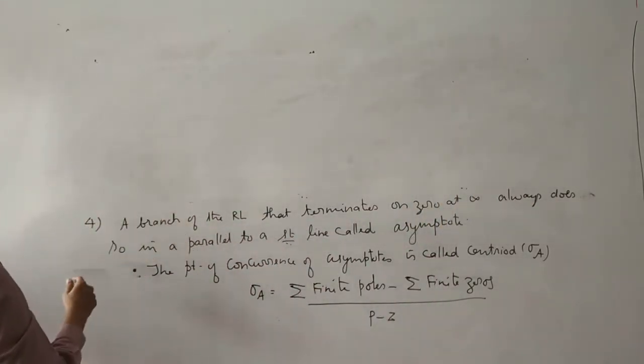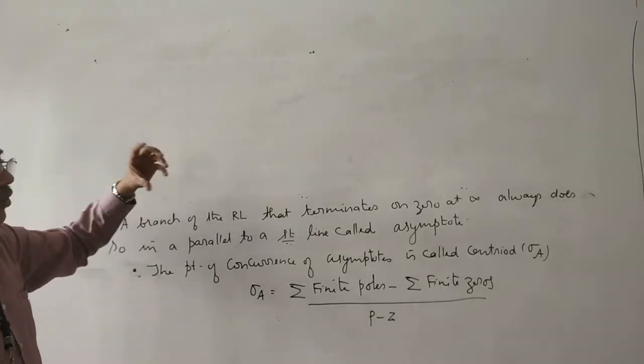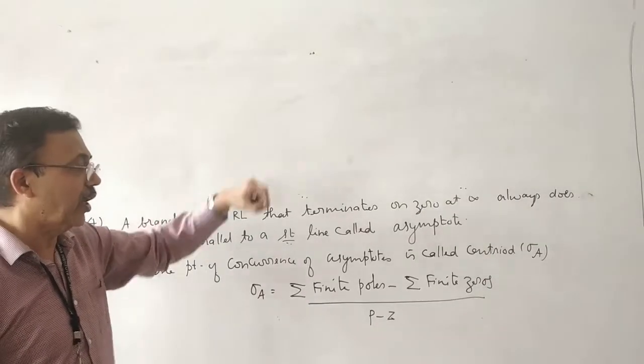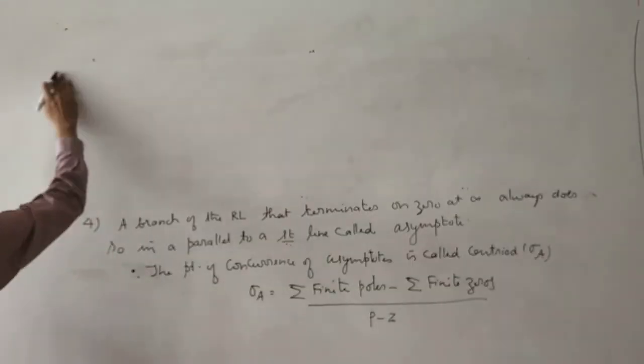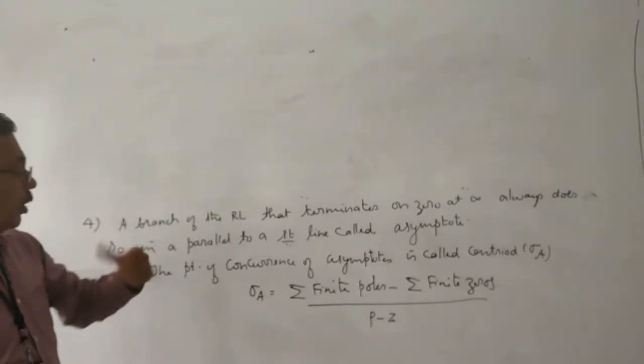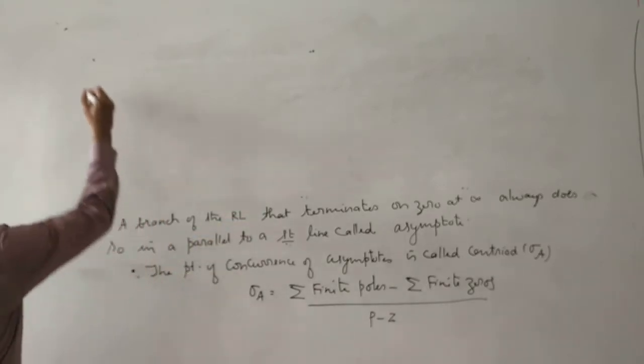How many asymptotes are there? Number of asymptotes is equal to number of zeros at infinity. That means number of asymptotes equals P minus Z. Next, to define a straight line we need one point and a slope. That point is the centroid. Slope is given by an angle.